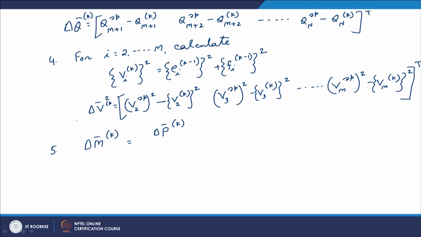In fact, we should write it more elegantly: it is basically delta p k, delta q k and delta v k whole square.